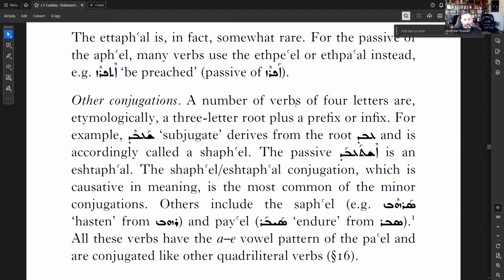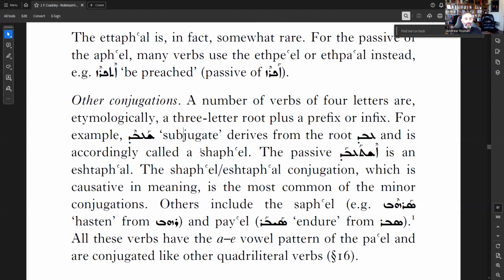Other conjugations. A number of verbs of four letters are etymologically a three-letter root plus a prefix or infix. For example, sha'bid. Okay, this is worth noting. Sha'bid means to subjugate. It derives from the root awadh, which is to do. Sha'bid is to force somebody to do something, subjugate.